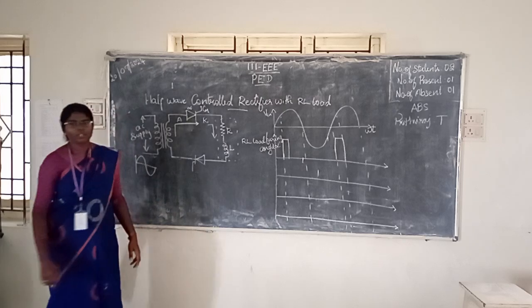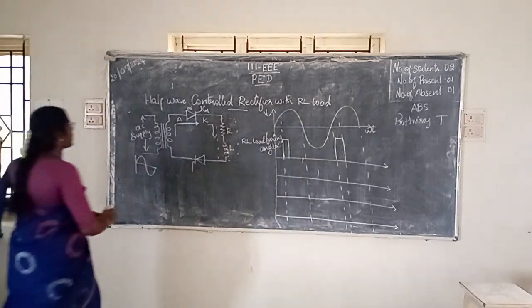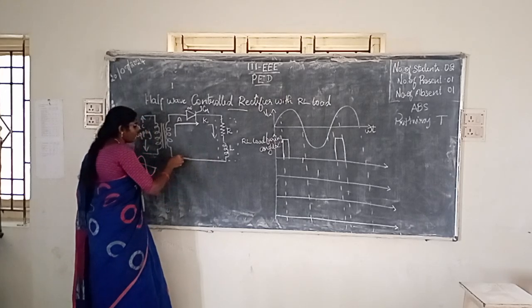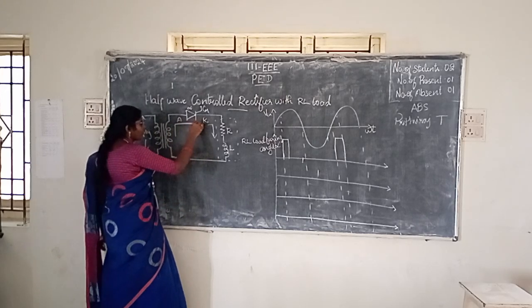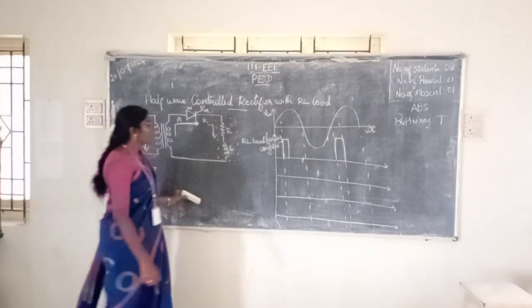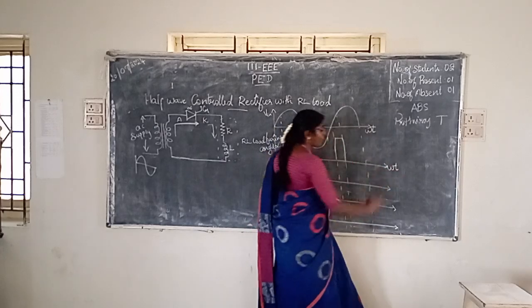In a full-wave rectifier it conducts in both the positive and the negative half cycle. Now we are seeing the half-wave rectifier, so it will conduct only during the positive half cycle, since there is only one forward bias for one SCR. I have given the firing angle with respect to the time omega t.